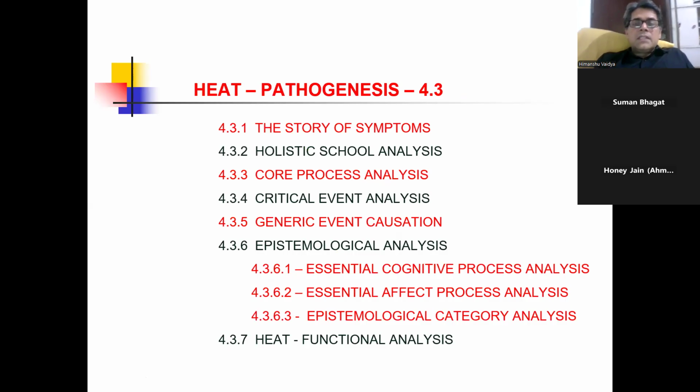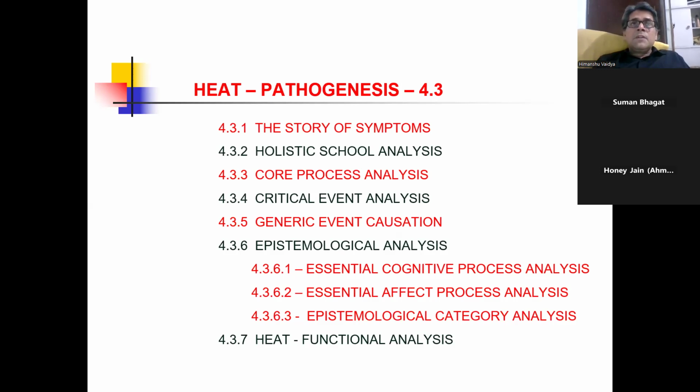How do you do pathogenesis in HEAT? So HEAT is a system that I have developed. It stands for holistic elemental analysis and therapy. So first we take the story of the symptoms. The symptoms often have a story, and the story of the symptoms is very interesting and important both.